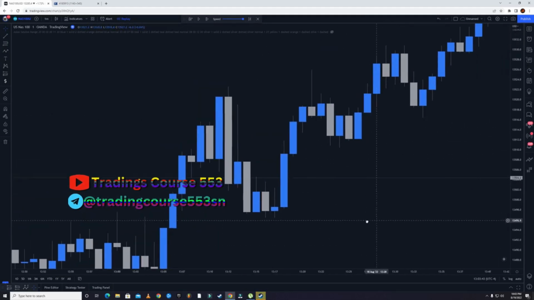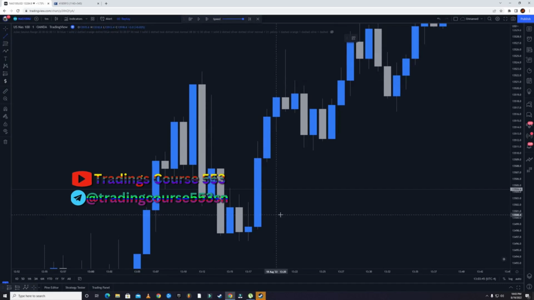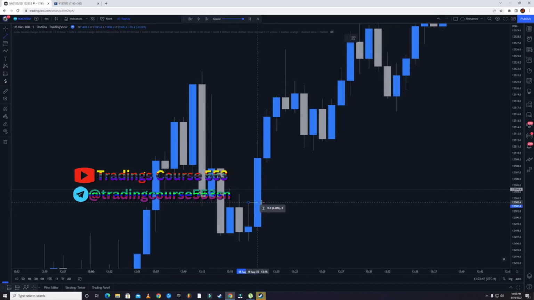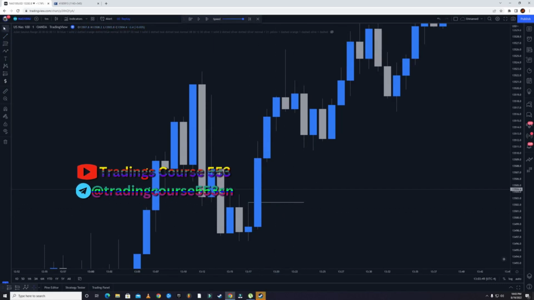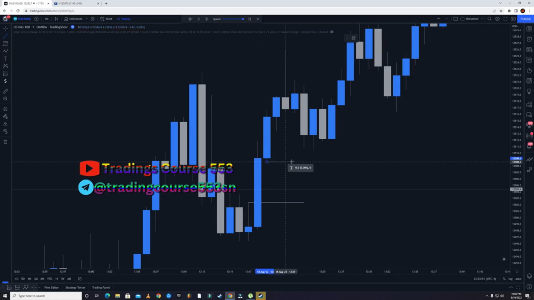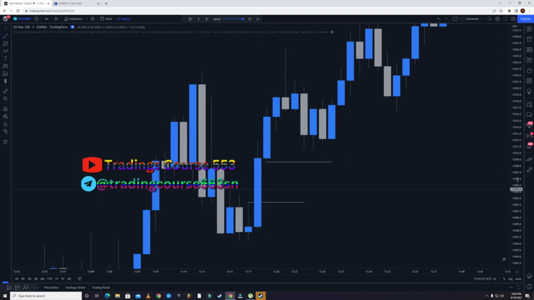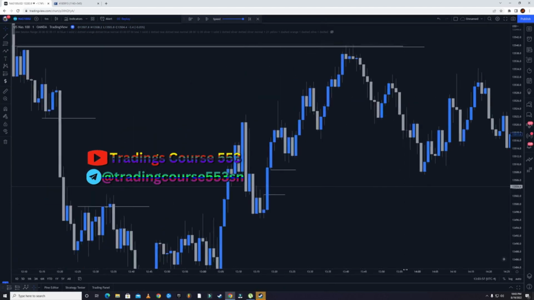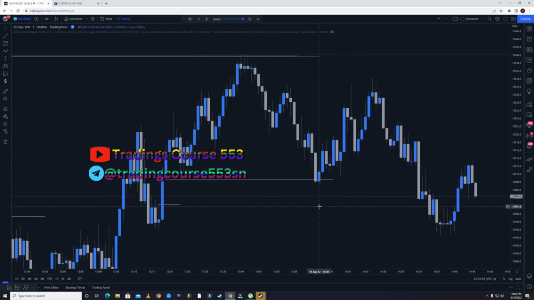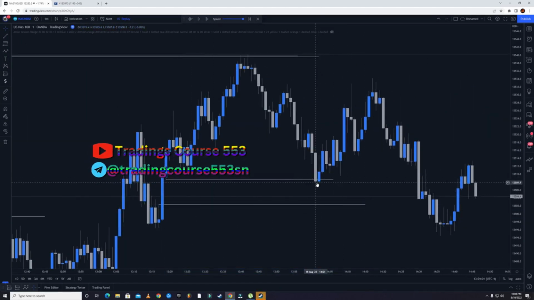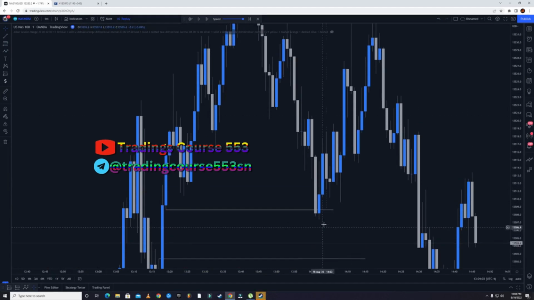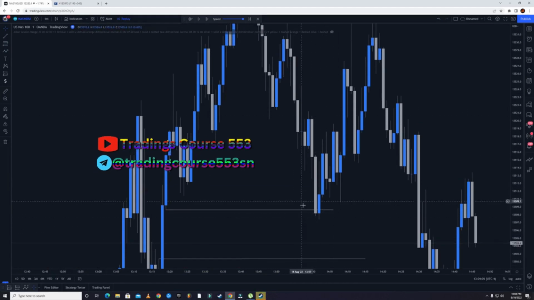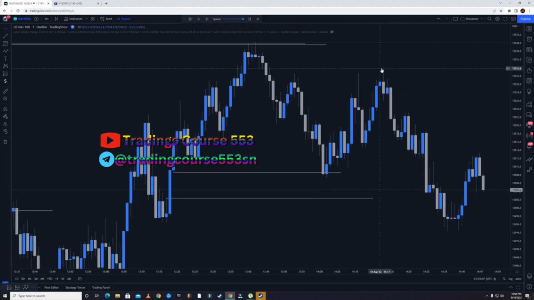When we are looking for buys, we look at the very high of the first candle and the low of the third candle, and then we wait for the price to fill this level. As you can see, if we draw this out, price filled this level, filled this imbalance or fair value gap, and it went all the way up.